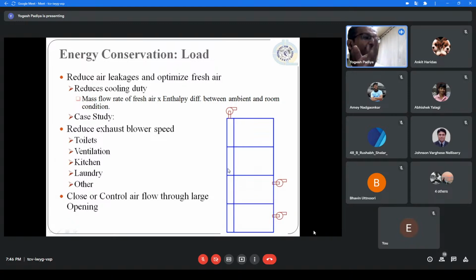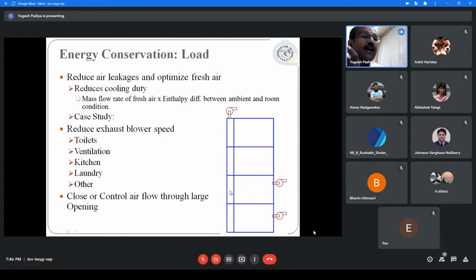Sometimes toilets and bathrooms have exhaust. All the exhausts are placed for some purpose, but if they are used more than that, then obviously it is causing losses.